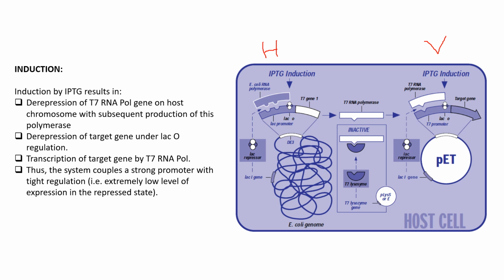So it is obvious here that IPTG induction is derepressing the expression of T7 gene 1 resulting in T7 RNA polymerase, and on the vector side this IPTG induction is derepressing the expression of the target gene. Look here, this T7 RNA polymerase will bind with the T7 promoter in the absence of repressor protein upon induction by IPTG. So this is how a heterologous gene is expressed using a PET vector.